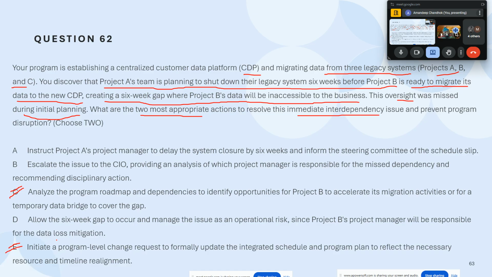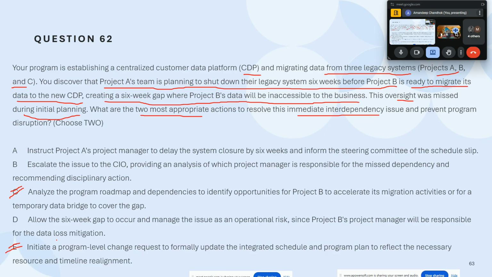Remember this key statement when answering questions like these, wherein one project is delayed and causes a spillover on the other. This one I twisted the other way around. I said one project has started finishing early, because normally in the exam you're going to see a delay. Here I twisted the question, saying that no, it's finishing 6 weeks early.